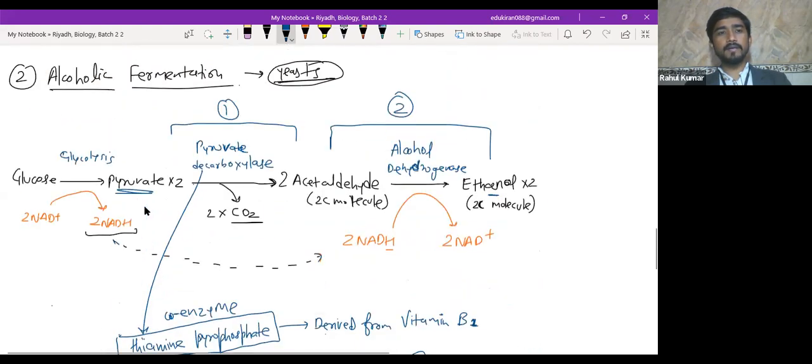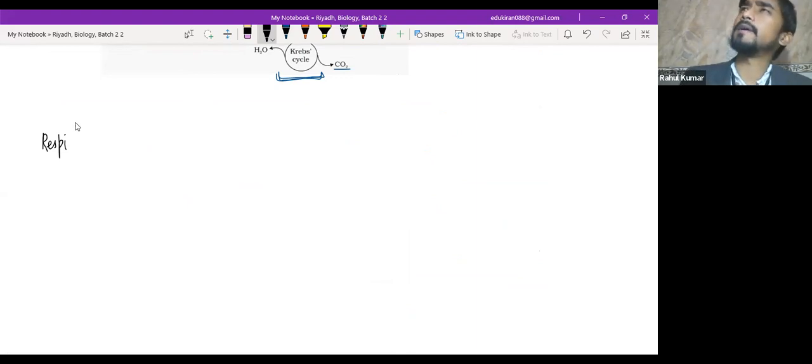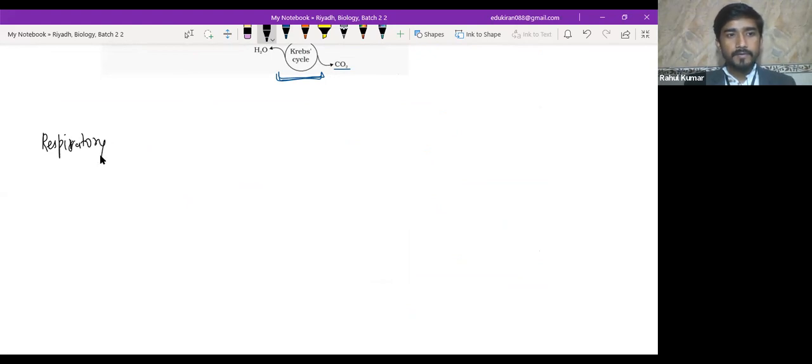I have explained. So the final thing of today is your respiratory quotient. What do you understand by respiratory quotient? Remember, we studied something like this. Let's first define it.